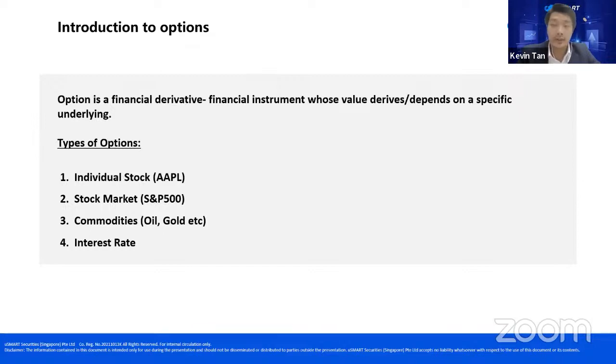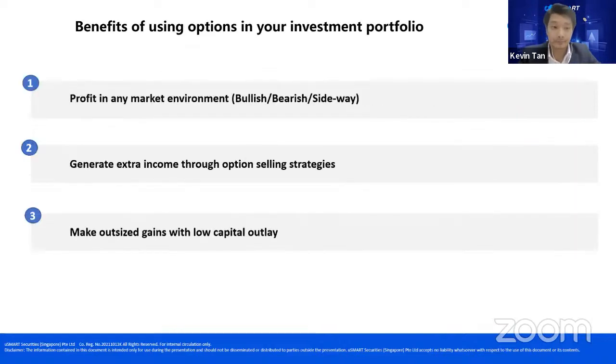So for example, if you're talking about stock options, your underlying could be a stock like Apple, or if you're looking at a broader market, like the S&P 500, you can have that as your underlying. You can even have options for commodities and even on interest rates. I'll go in more depth later and I'll use some examples so that it is a bit easier for you.